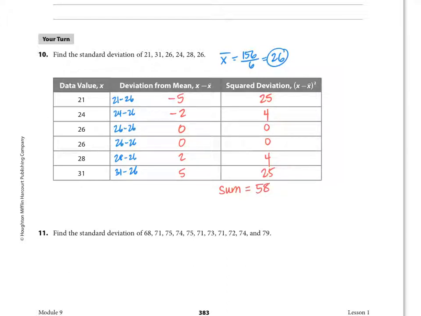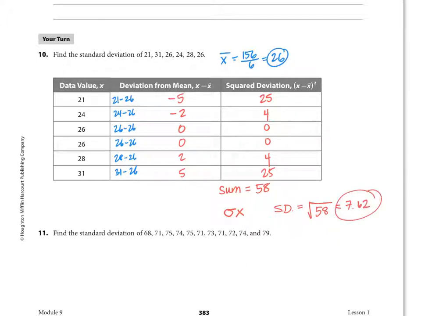And then the standard deviation. Standard deviation actually uses this Greek symbol. I believe it's omega, something like this. This is standard deviation. Or you can write SD, I don't mind, since we're not going to be too worried about notation here. And it is the square root of that sum. And when I take the square root of the sum of 58, I'm going to get about 7.615 or 7.62.